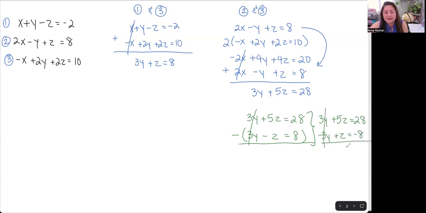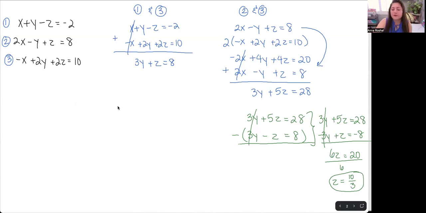And it'll be a little bit easier to see what I need to do. So I'll be left with 6z equals 20. That's kind of gross. So z equals 10 over 3, which is not my favorite thing.